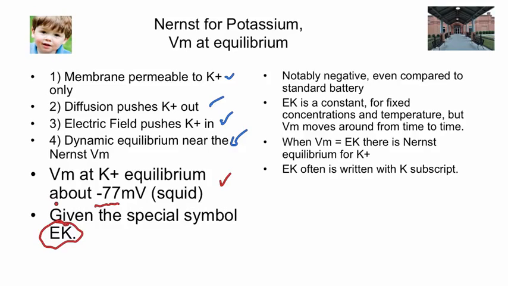The process of diffusion is being used to create an electric field. It all comes to equilibrium, and in the case of squid axon, that's at negative 77 millivolts. That means the inside is negative by 77 millivolts with respect to the outside.